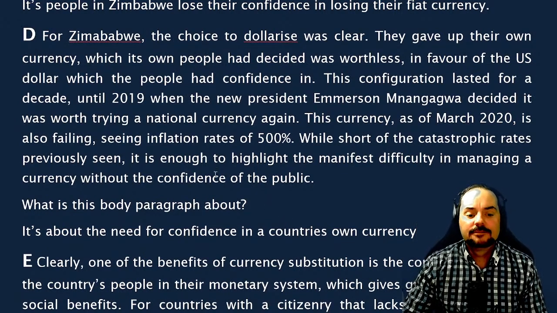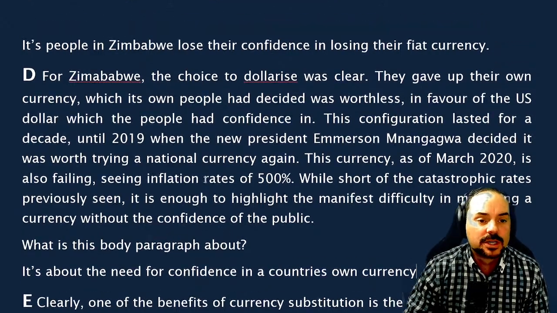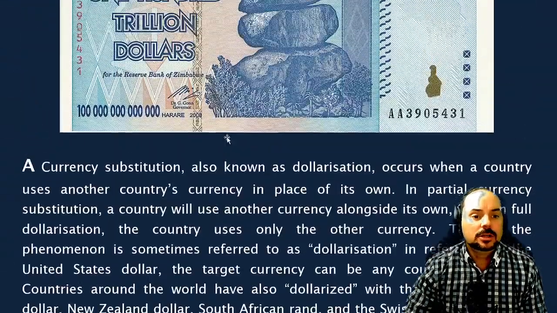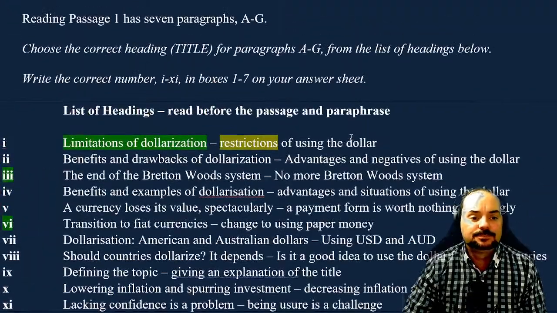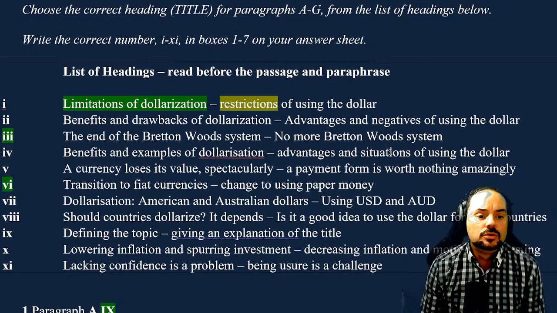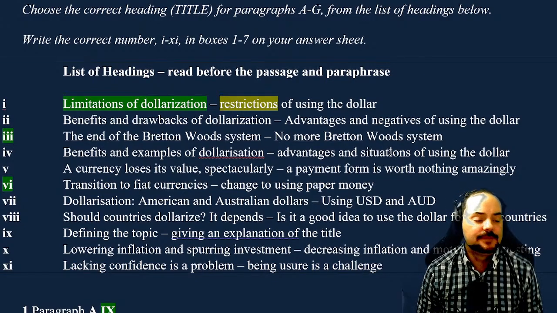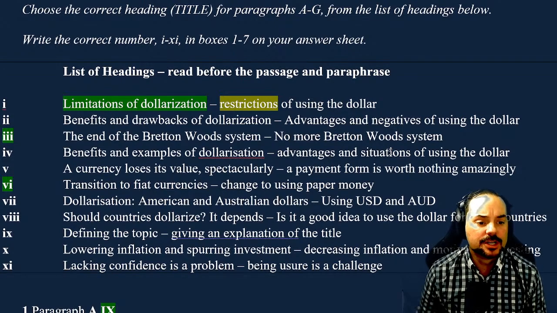It's about the need for confidence. The actual IELTS reading section is an hour, so you really need to focus. Okay, let's take a look. Which one of these is closest to that answer? So confidence is needed in one's own currency.